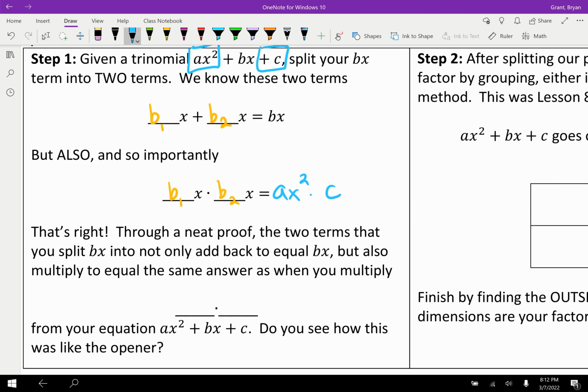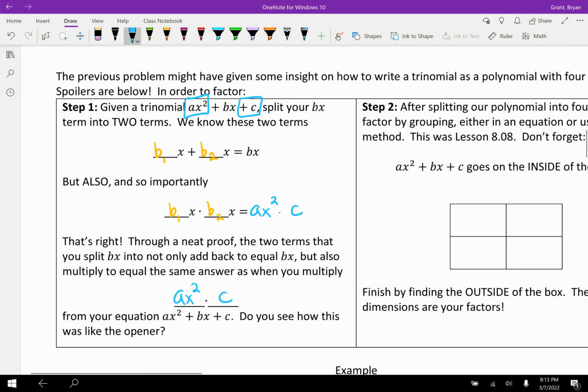They're going to equal the same answer as when you multiply ax squared times c. Now, do you see how this looks like the opener? We are going to be looking for 2 numbers that multiply to equal something we know, and 2 numbers that add to equal something that we know.